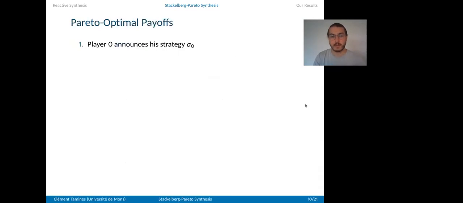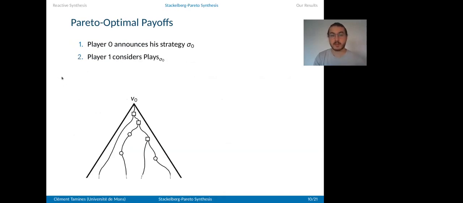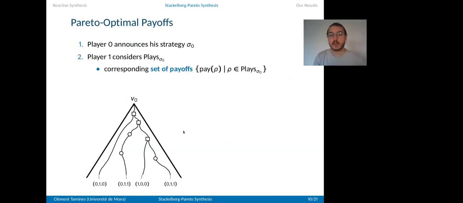Again, we are in the context of Stackelberg games, in which player 0 announces his strategy sigma 0, and then player 1 answers with his own strategy. So after announcing his strategy sigma 0, player 1 can consider the set of plays which are consistent with this strategy, which we have represented here, and he can consider the corresponding set of payoffs. So each play has its own payoff, and it can be the case that different plays have the same payoffs.